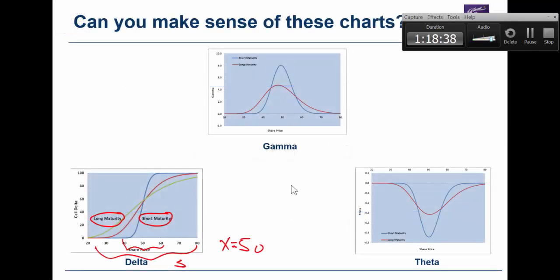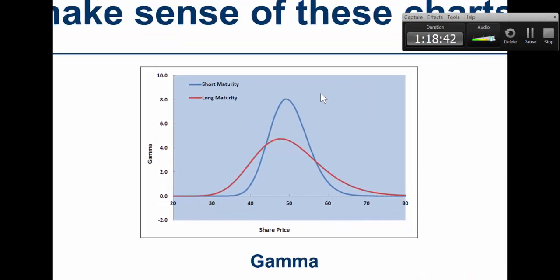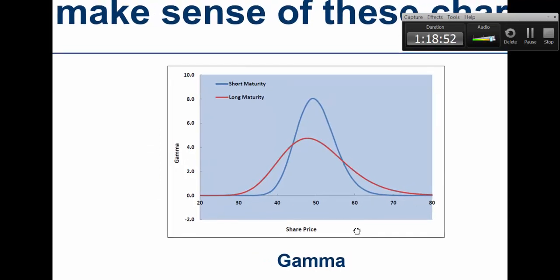Now gamma does something similar. Here you have the gamma behavior of an option when the underlying price can change from 20 to 80. The strike is 50, okay? Although the curves are both like mountains, the shapes are very different.